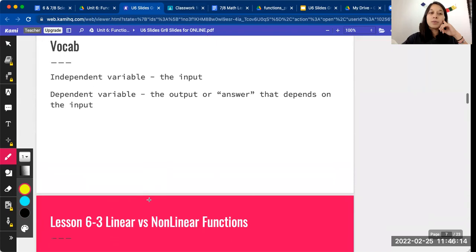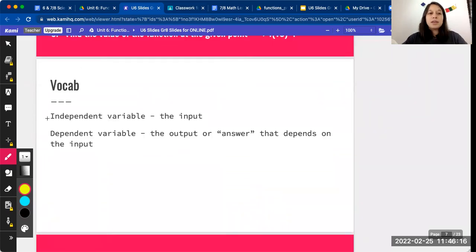Two vocab words that you should write down that you will need are independent variable and dependent variable. So when we are talking about x's and y's, or when we say f of x equals all of this stuff, what ends up happening is f of x is the answer.